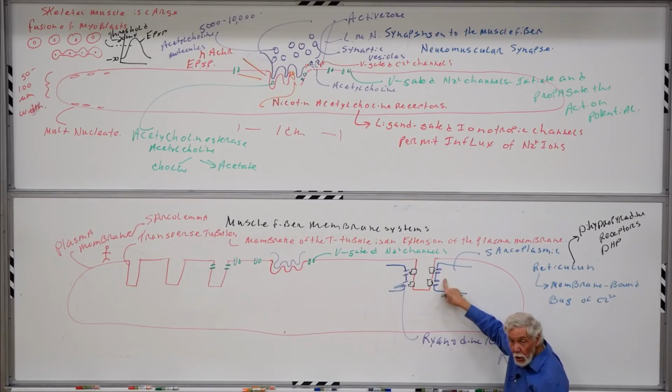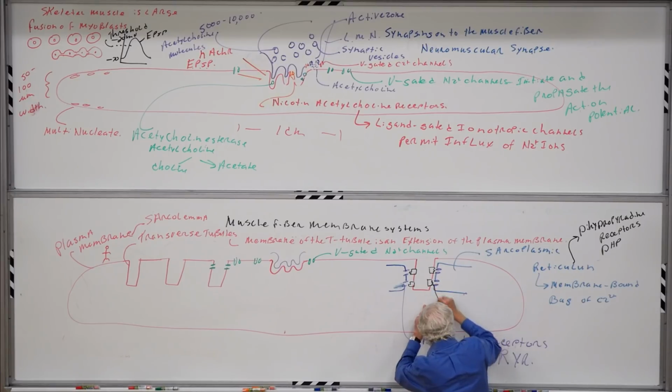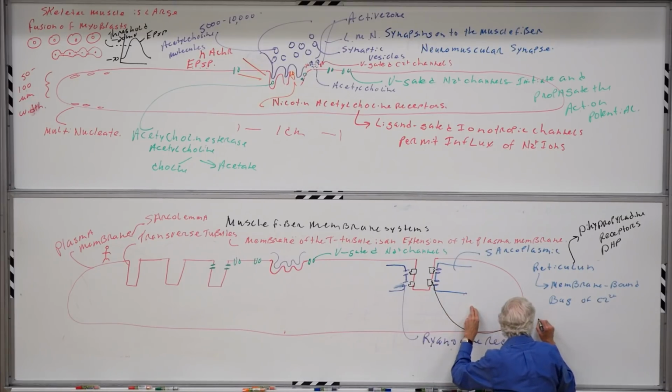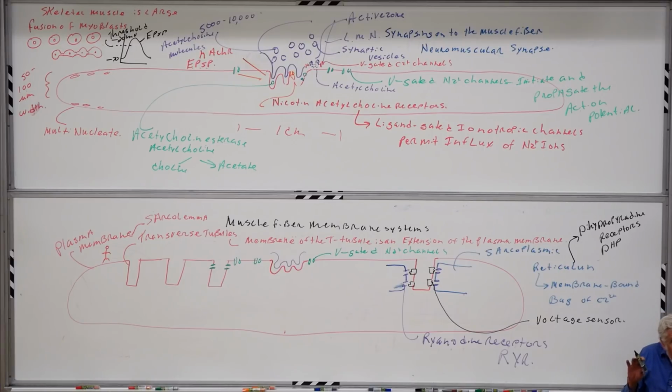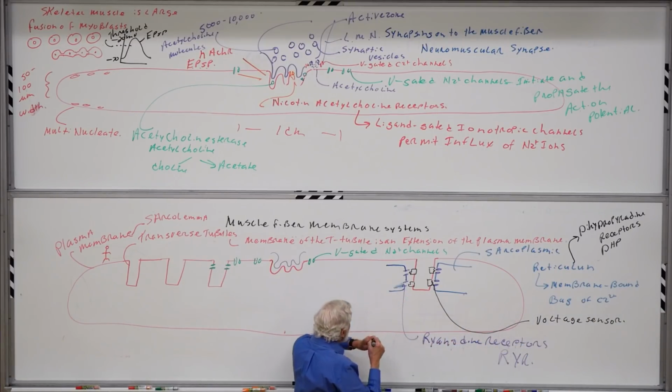It actually plugs the channel. But this extension is also a voltage sensor. Now, it's not like the S4 region, but it does function as a voltage sensor. Now, watch what happens here.